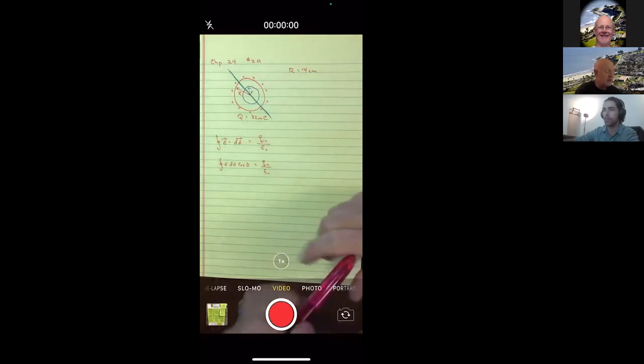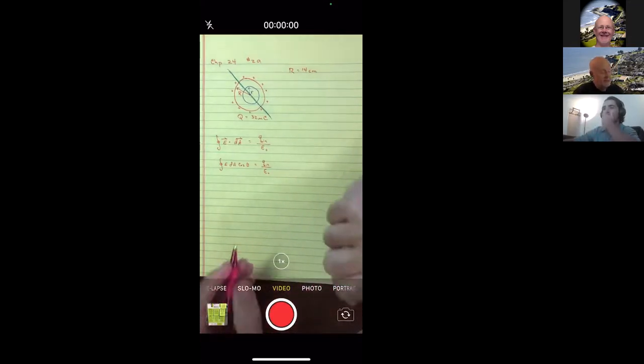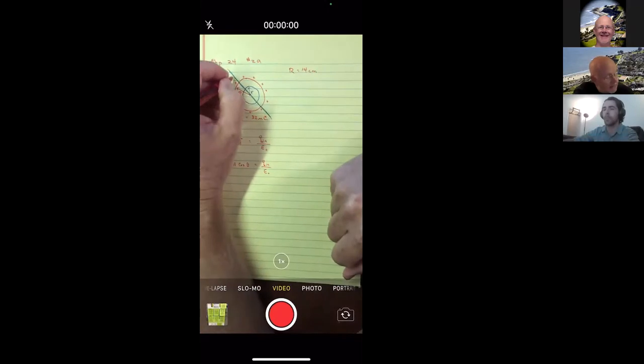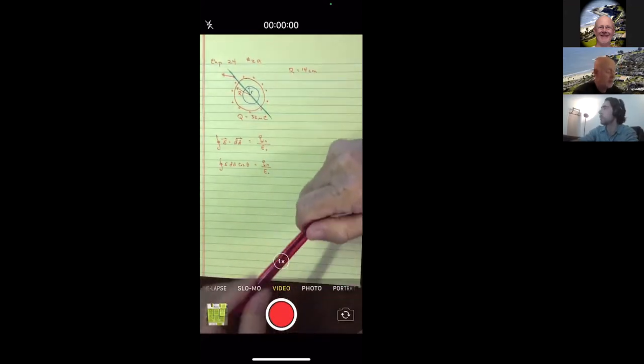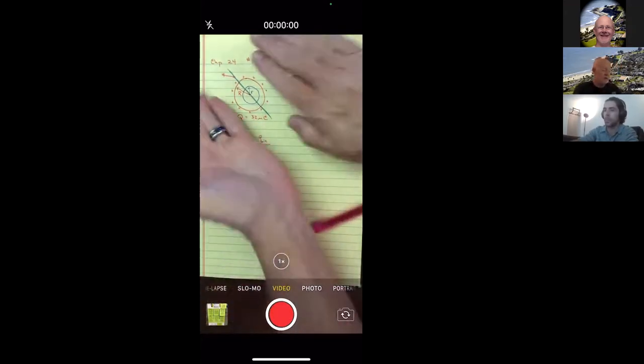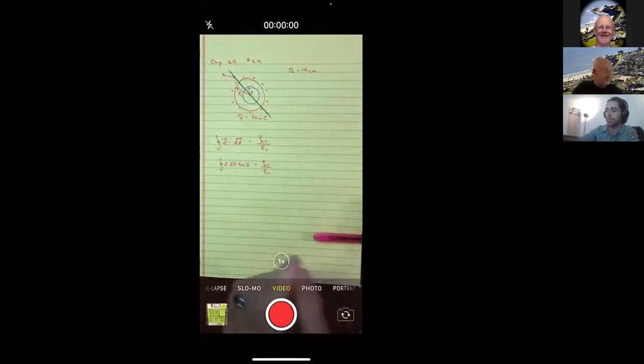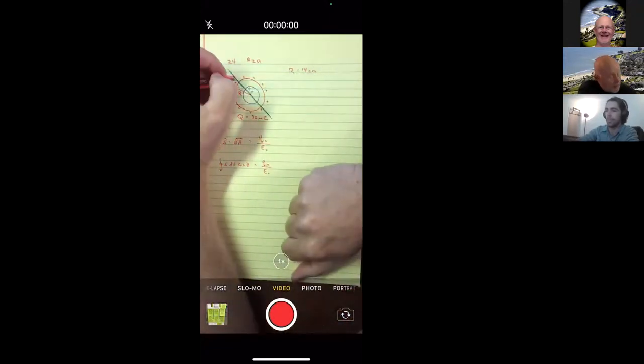I said something like this. What if the electric field at this point along this line of symmetry was off at some angle other than the line of symmetry? And you flip this. Well, what would happen is your electric field would be pointing in the other direction.